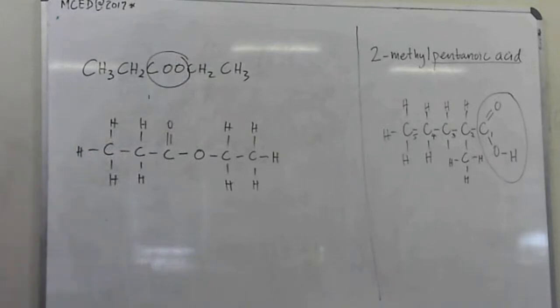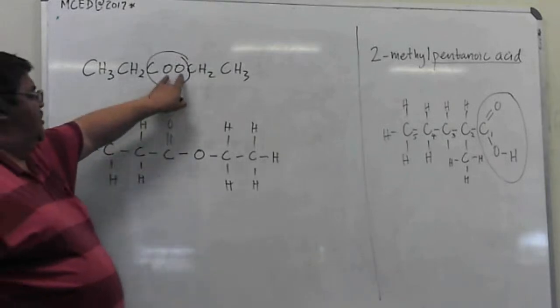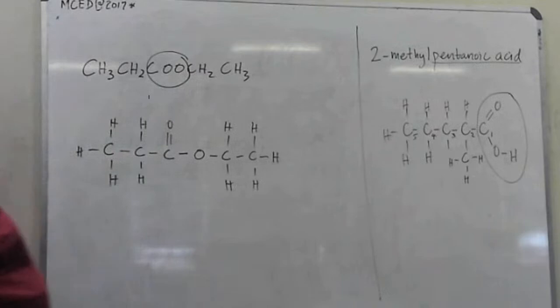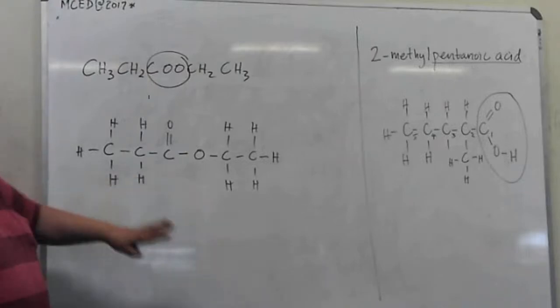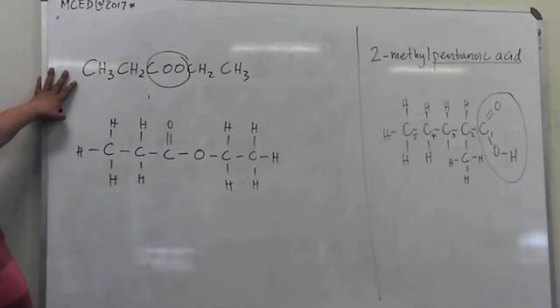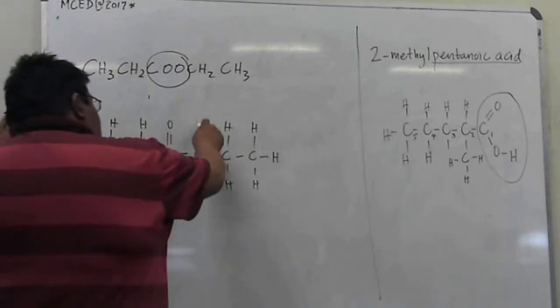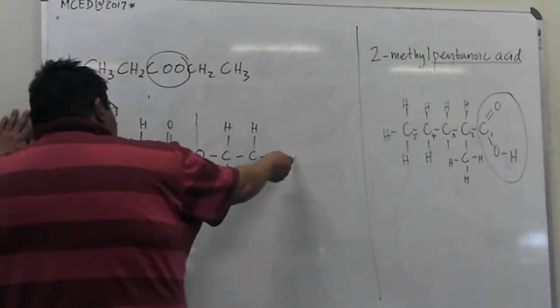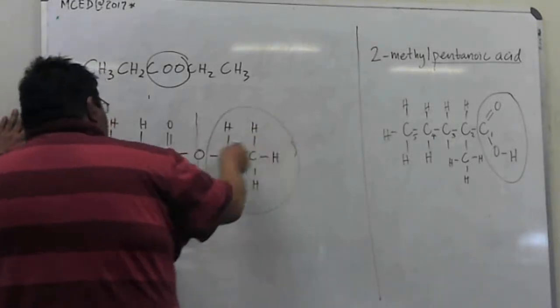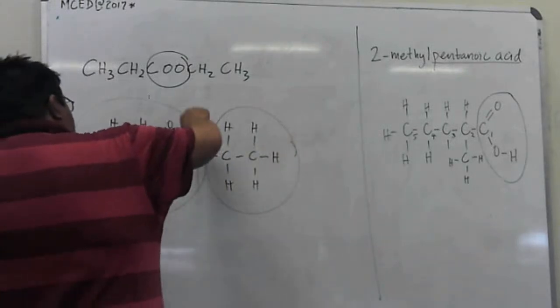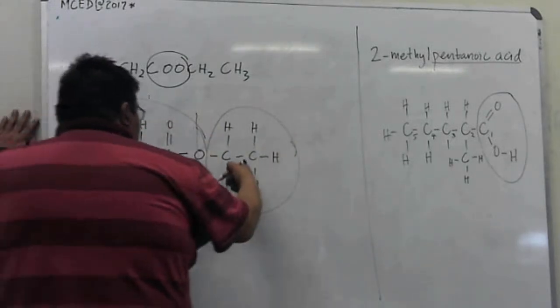When you see that in the middle of a molecule, two oxygens looking at you, then you know it's an ester. So if I now have to give the IUPAC name, that's a condensed structural formula. There's my oxygen bridge, there's my alkyl group, and there's my acid part.